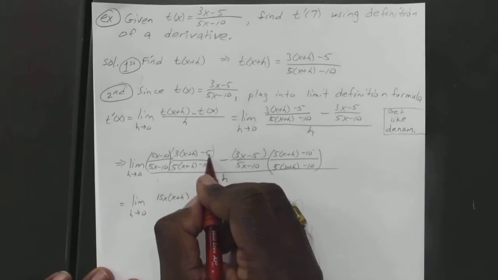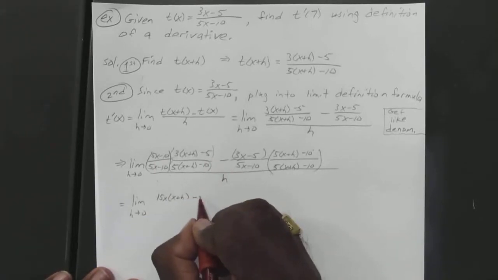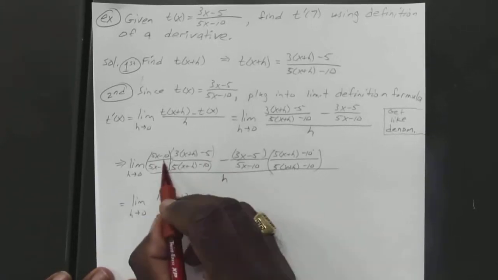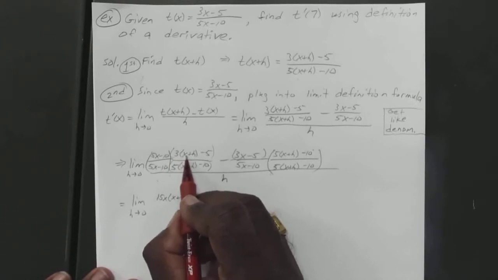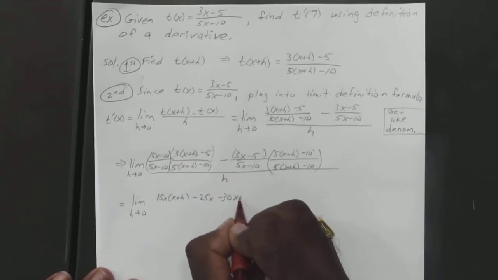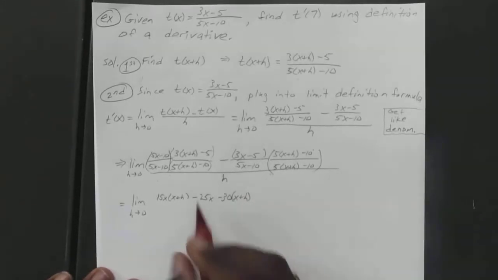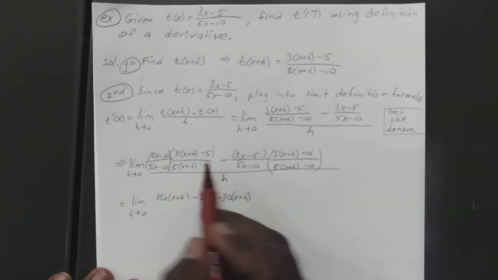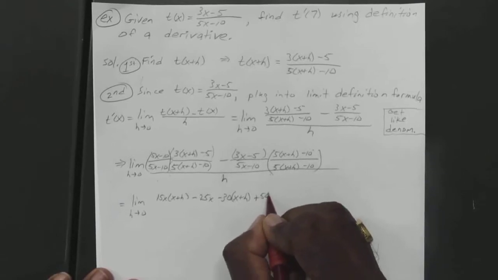Your outer, 5x times negative 5, is negative 25x. Your inner, you have negative 30 times x plus h. And your last is negative 10 times negative 5, which is positive 50.